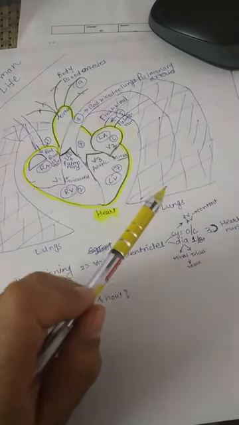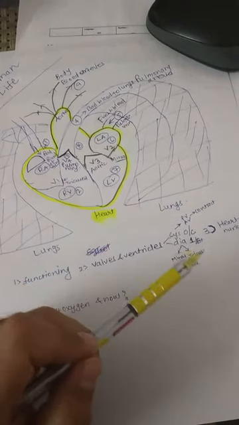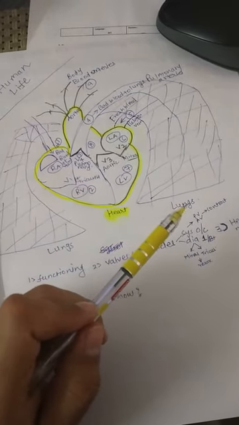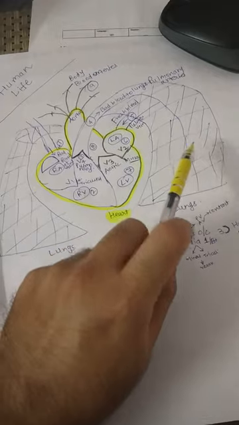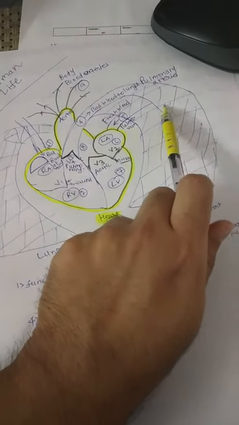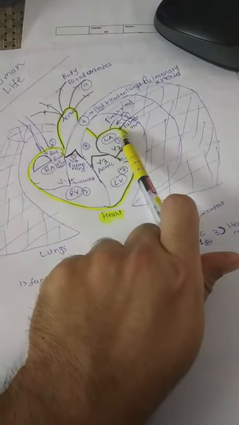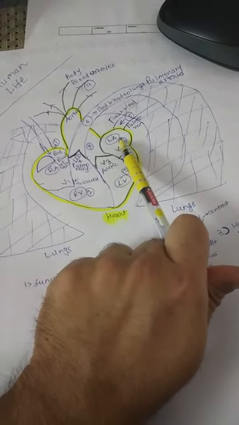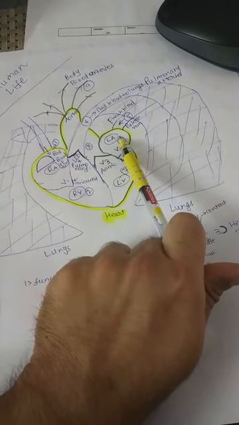Now the blood is oxygenated by our inhalation, and the fresh blood is entering the heart again through the pulmonary vein on the left-hand side, called the left atrium.